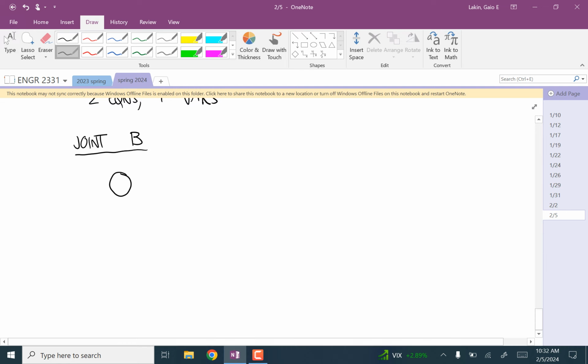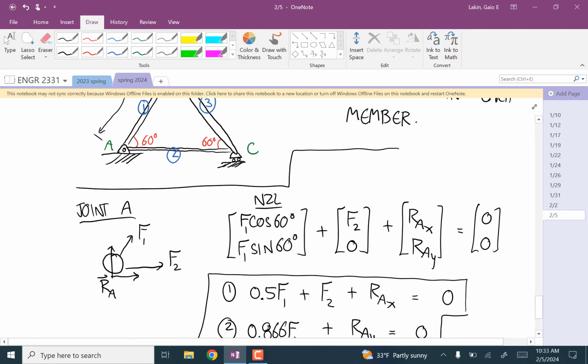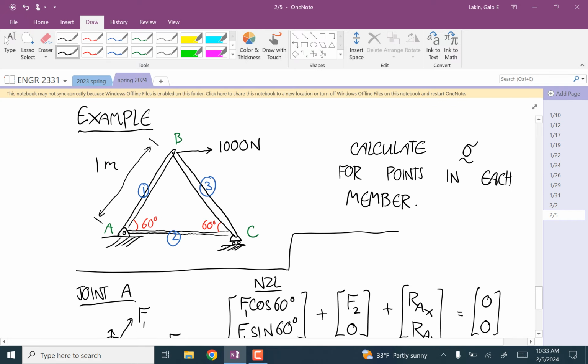Can I get a better look at joint A? Yeah. Thanks. Sure.